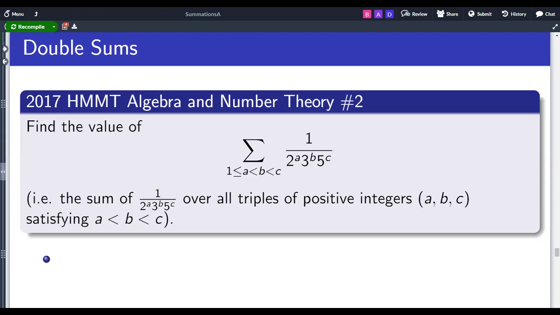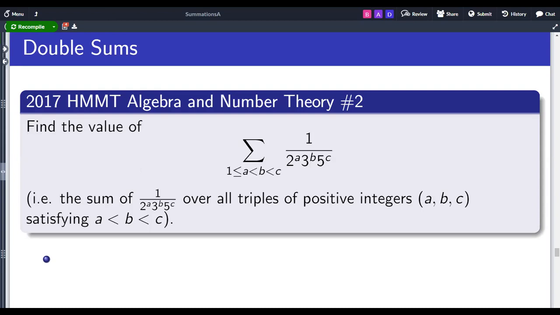But if we could rewrite it in such a way that we can easily factor it, that'd be much nicer. The main condition that's bothering us is the fact that A less than B less than C. If we can get rid of this, then that would be nice. And that's why those don't work, because you need A less than B less than C, so you can't just directly multiply those 3 summations.